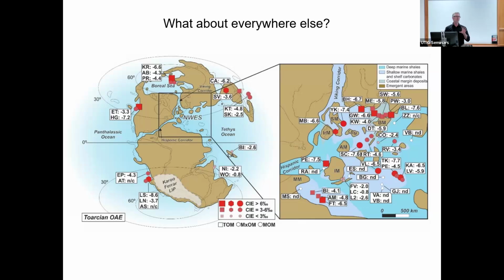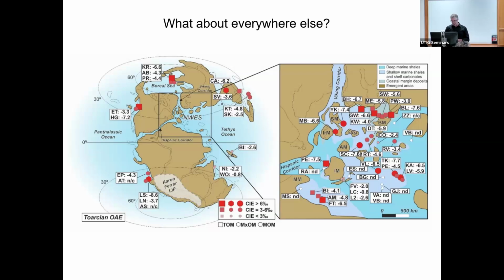So I'm going to cherry pick a few areas where there is increasingly good biological and geochemical data that contrast rather nicely with what I just talked about in the Cleveland Basin. Remember, in the Cleveland Basin, we think that what's causing the biotic extinctions is redox. It's about oxygen. Is that true elsewhere?